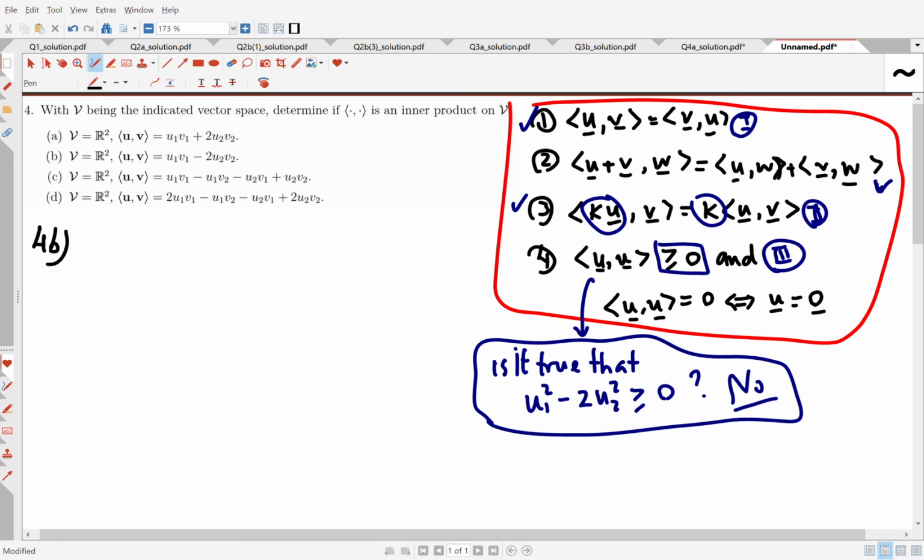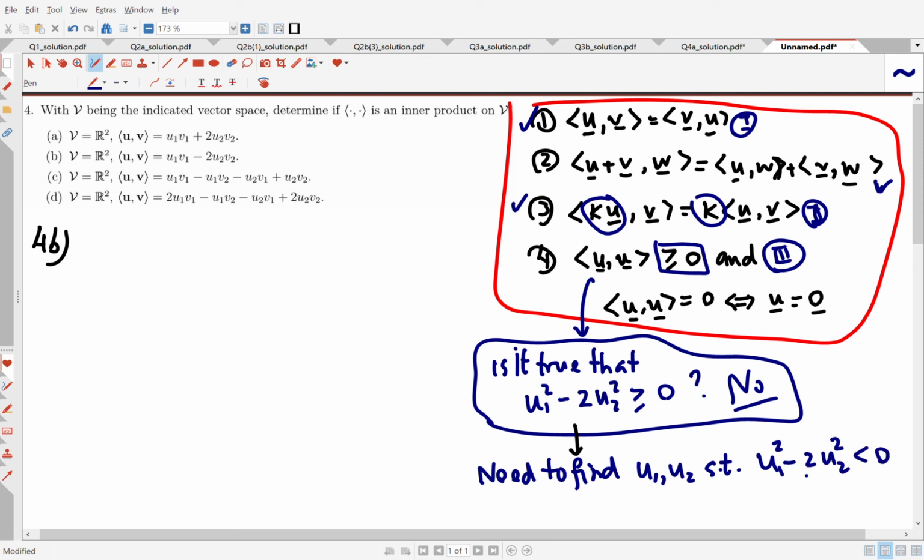So the counter example should be, we need to find, let's use blue color, we need to find u1, u2, so that u1 square minus 2u2 square is less than 0.